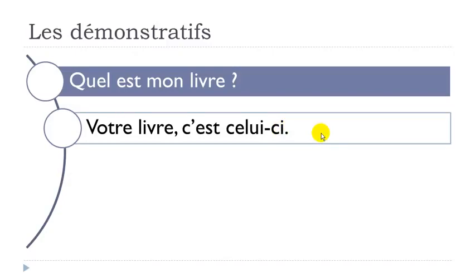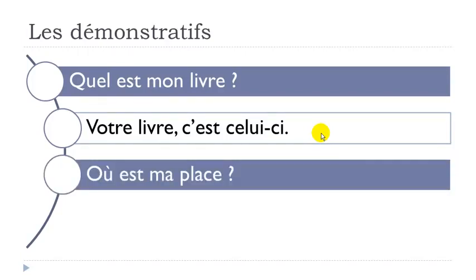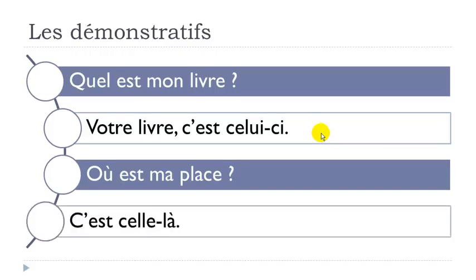Normally when you say that, you tend to indicate it with your finger as well. So you point at the book. Votre livre, c'est celui-ci. Où est ma place? Where is my seat? C'est celle-là. Same thing, you tend to point at it at the same time. C'est celle-là.